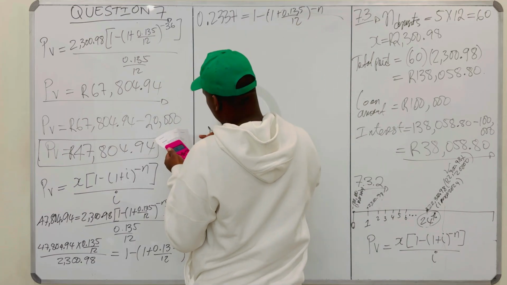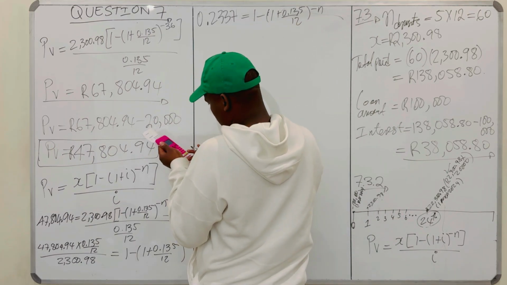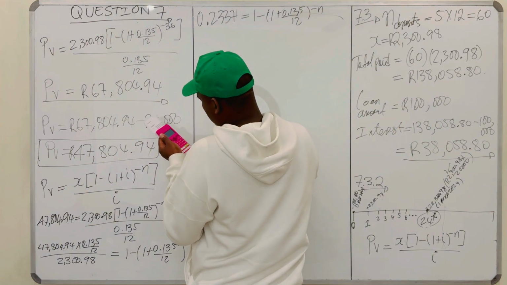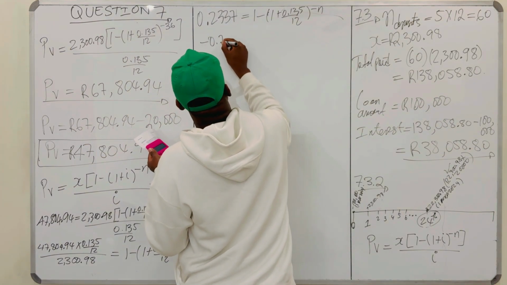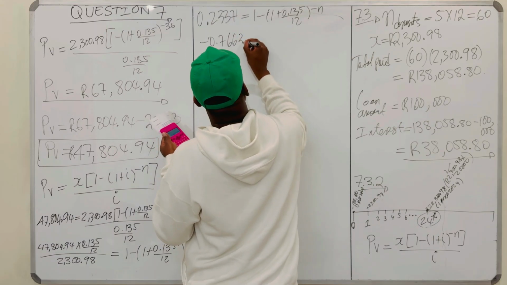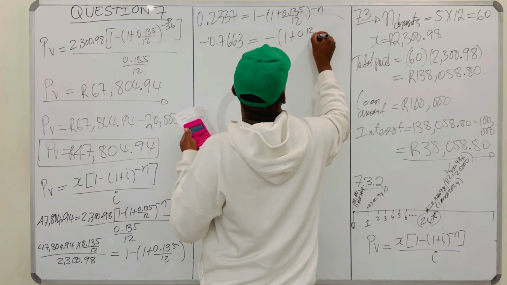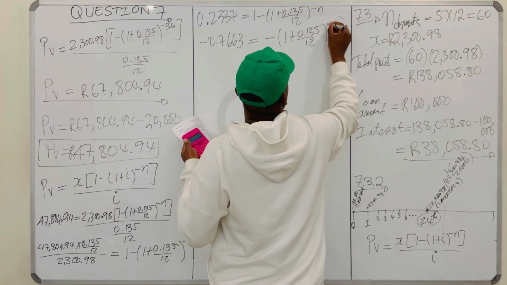Take the 1 to the other side, so it will be this minus 1. So minus 1 becomes negative 0.7663, equal to negative 1 plus 0.135 over 12 raised to negative n.